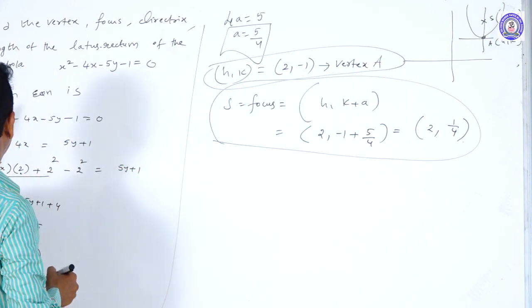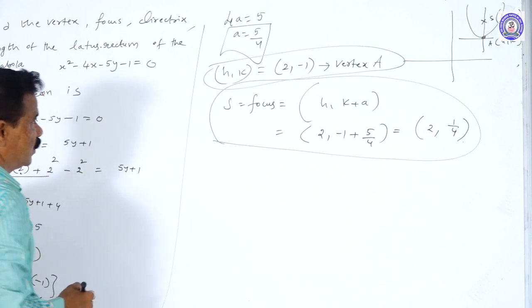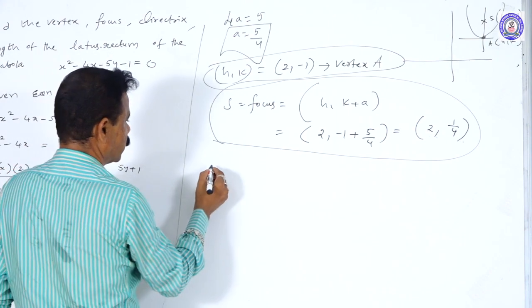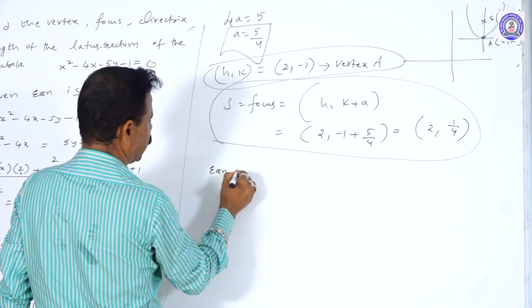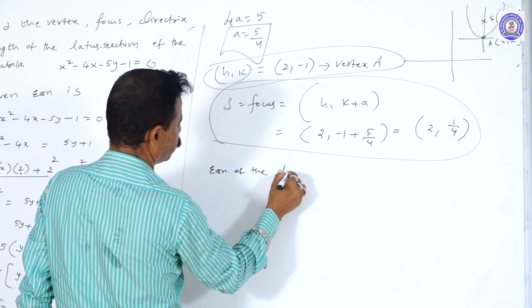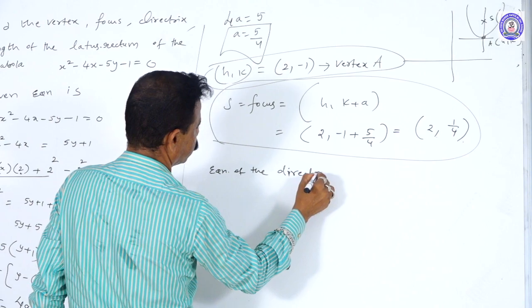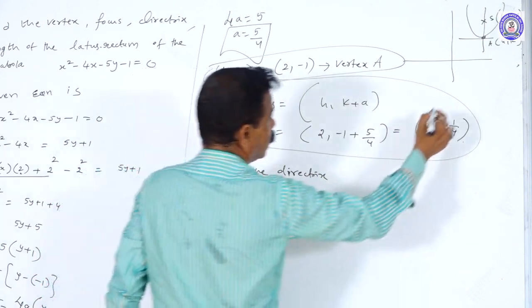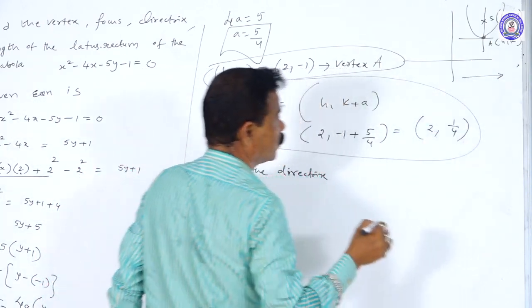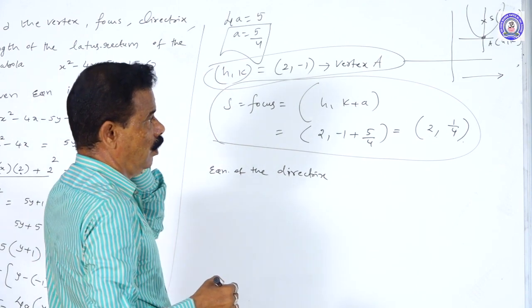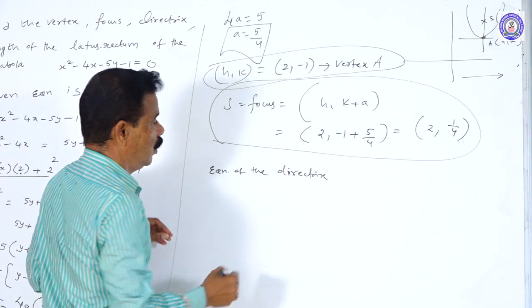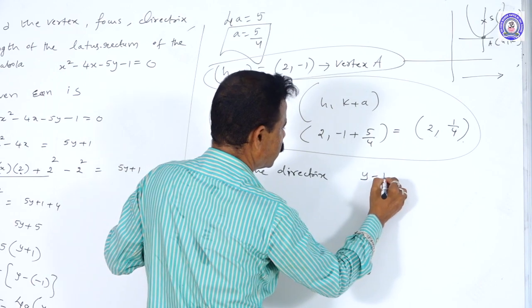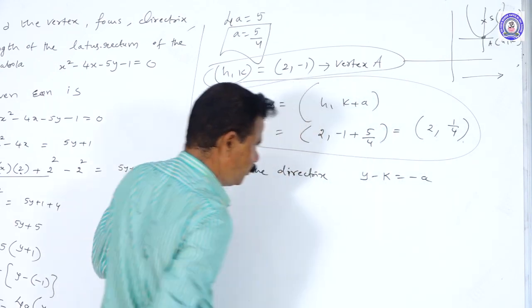After that, what is asked? The directrix equation. Equation of the directrix. So the directrix is on this side, y minus k is equal to minus a.